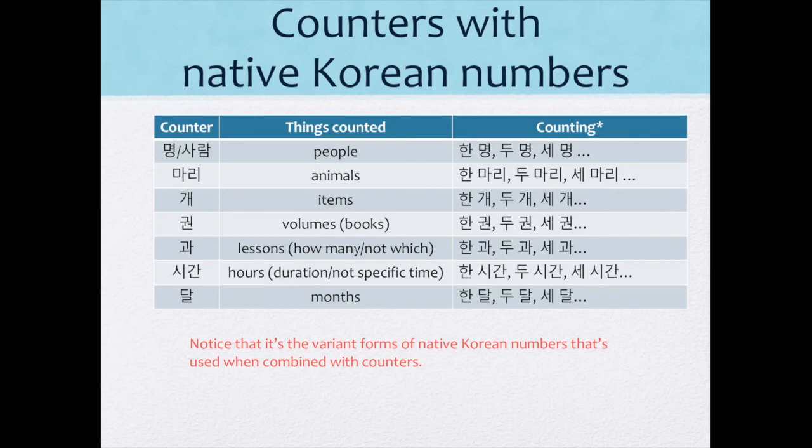This is cardinal. You're just counting. You're not indicating the sequence. 시간, hours, when you talk about duration, not a specific time. 1시간, 2시간, 3시간. 달, months, 한 달, 두 달, 세 달. Notice that it's the variant forms of native Korean numbers that are used when combined with counters.